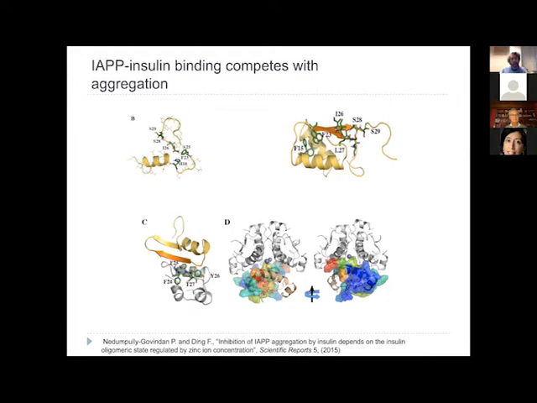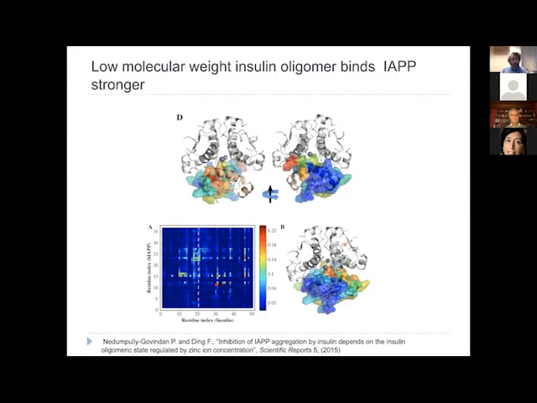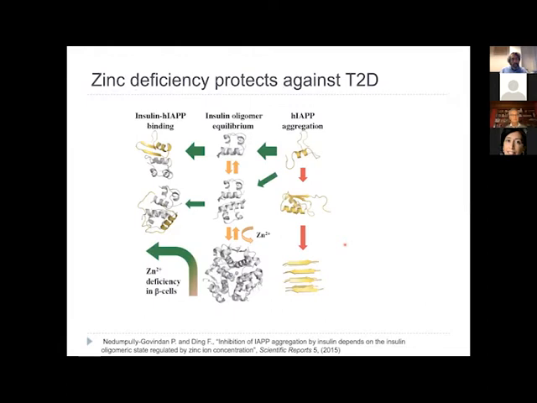Interestingly, this B chain will be buried in the dimer, and further, in the hexamer, all those interfaces will be buried. This is just a heat contact map. But anyway, based on this, we came up with a simple model at that time.